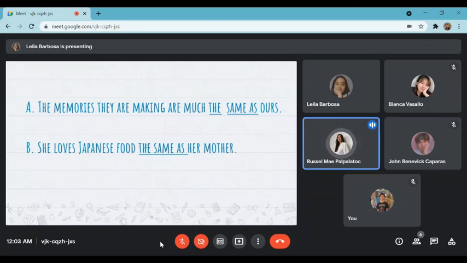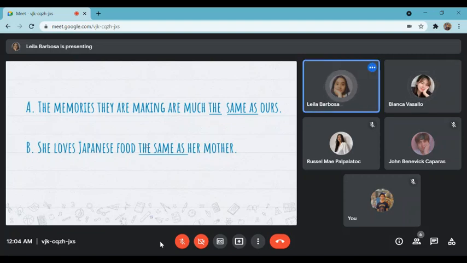She loves Japanese food the same as her mother. Okay, so what do you think are the two things being compared in this sentence? Ma'am, yes, Bianca. The Japanese food and her mother.